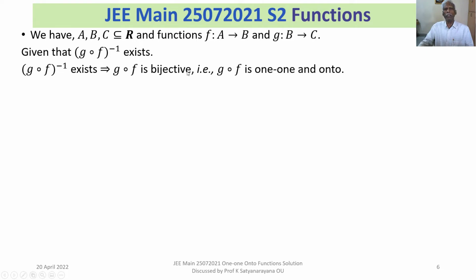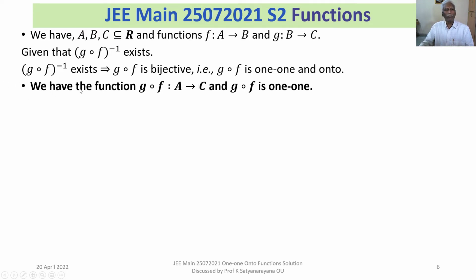What do you mean by bijective? It is both one-one and onto. That is, g∘f is one-one and onto. Now, we have the function g∘f from A to C, and let us take g∘f is one-one.